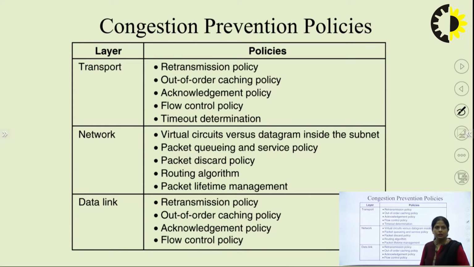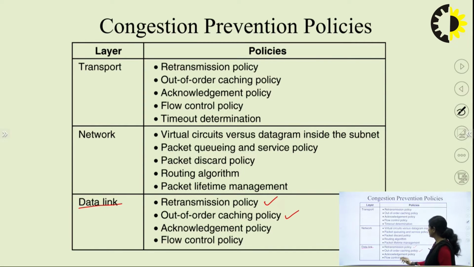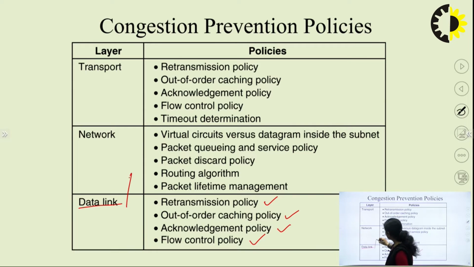Now we'll see what are the various congestion prevention policies at different layers. First of all, I start with the data link layer. Here we have the retransmission policy, the out of order caching policy, the acknowledgement policy and the flow control policy. Then we move towards the network layer.